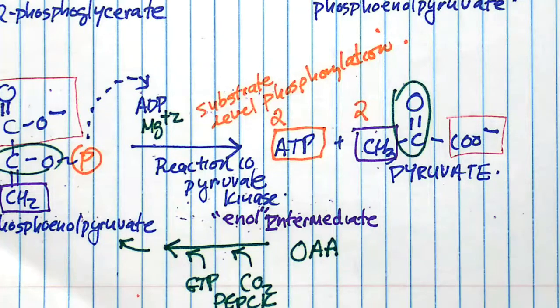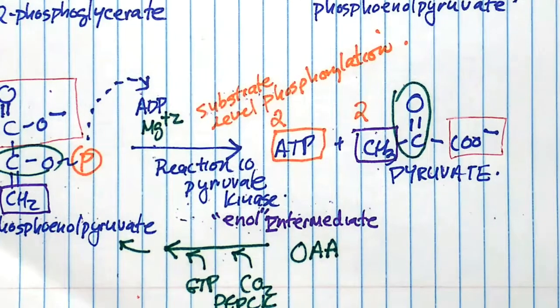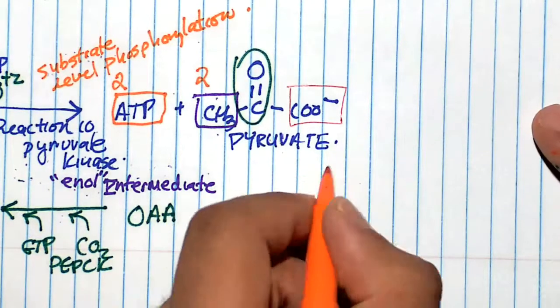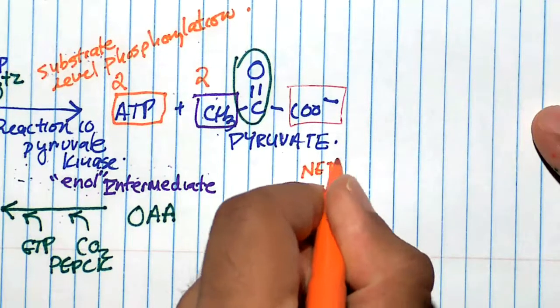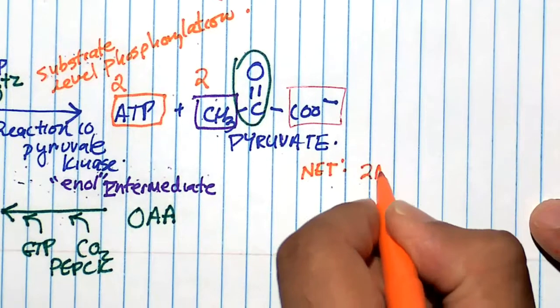All right, when you do the ledger and count the number of ATPs generated, you get a net of glycolysis. How many ATPs will you get? You should get 2 ATPs.